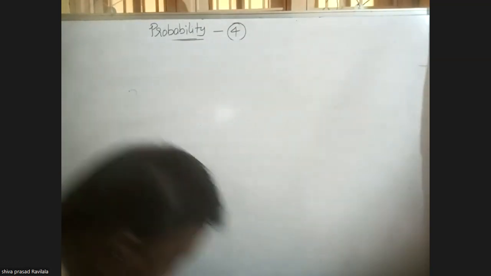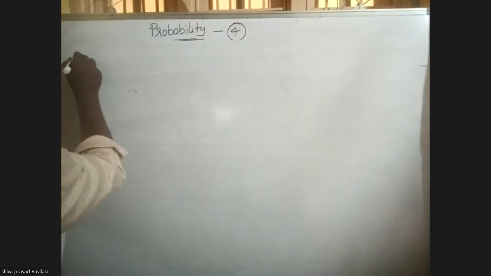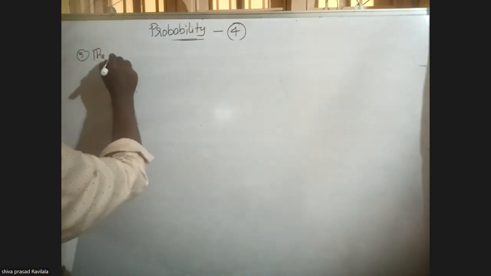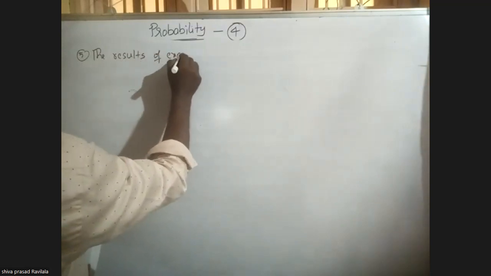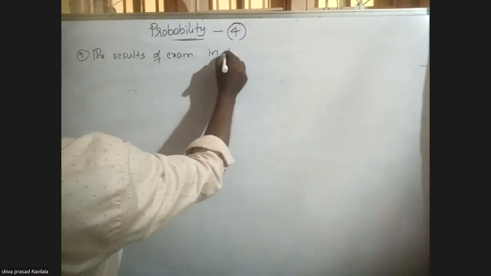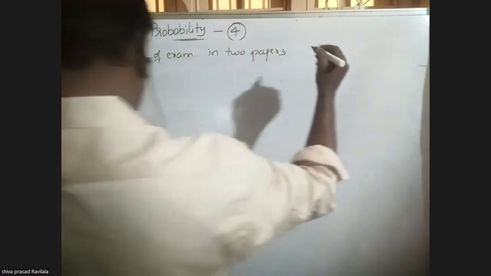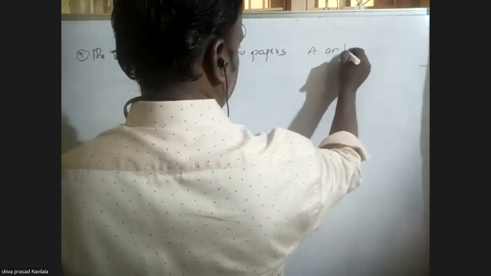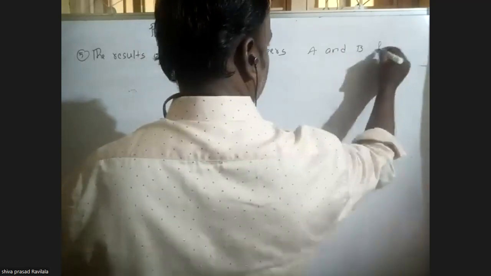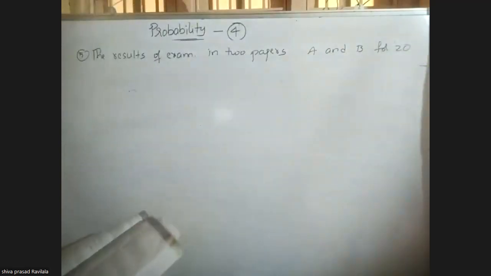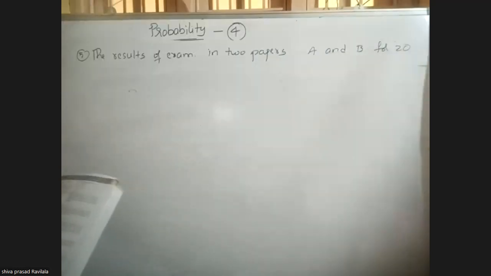Like next one. The results of an examination in 2 papers. Somewhat different question. 2 papers, capital A and B, for 20 candidates.